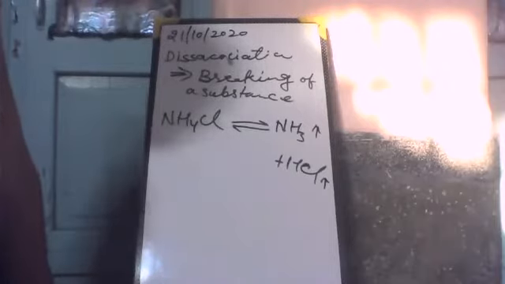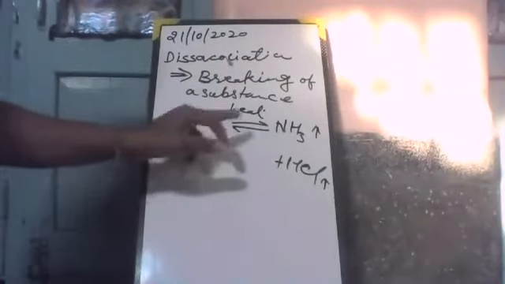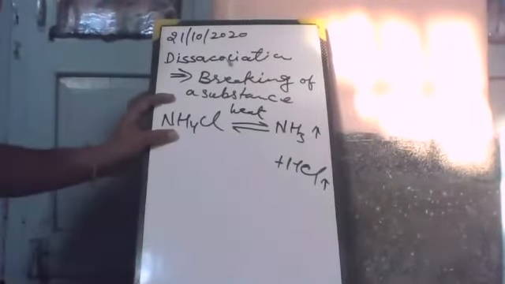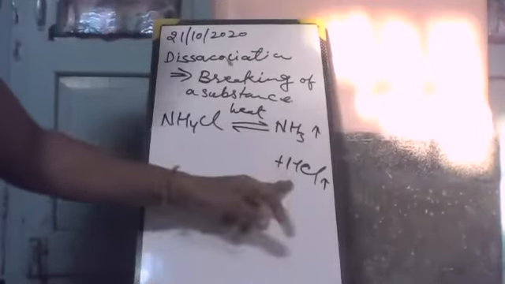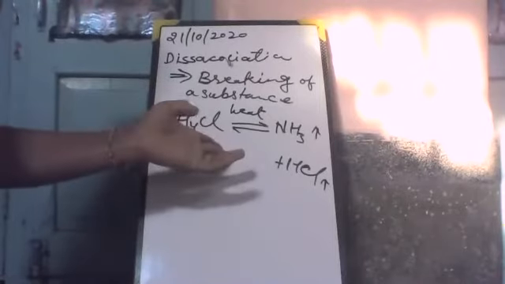The reversible decomposition reaction brought about only by heat is known as thermal dissociation. In the presence of heat, the ammonium chloride breaks down into ammonia and hydrochloric acid, and when heat is required for the reaction, this is known as thermal dissociation.